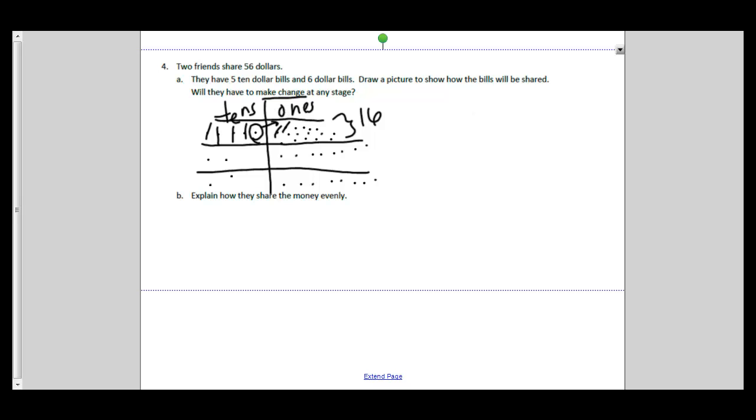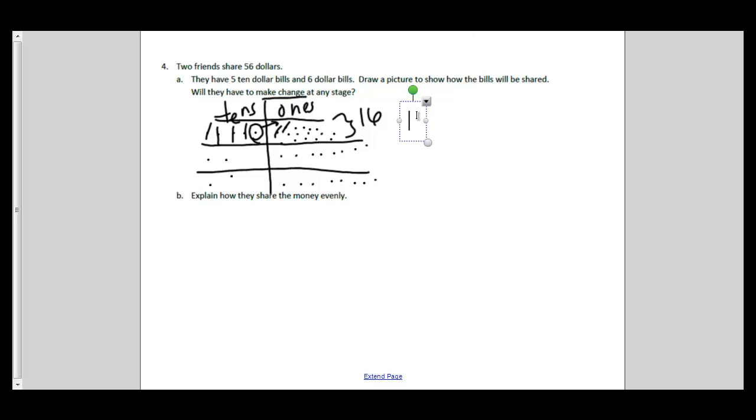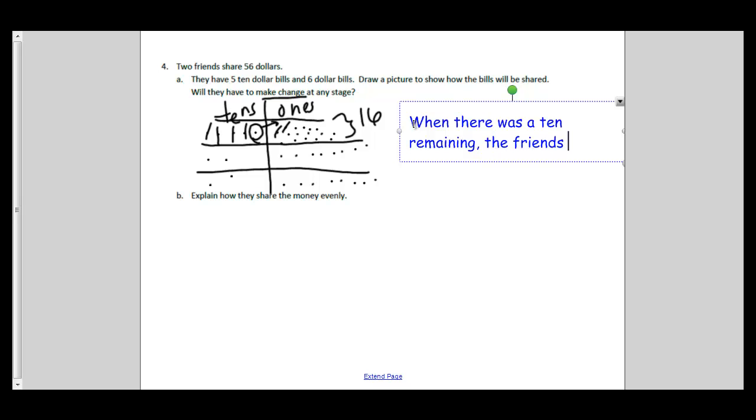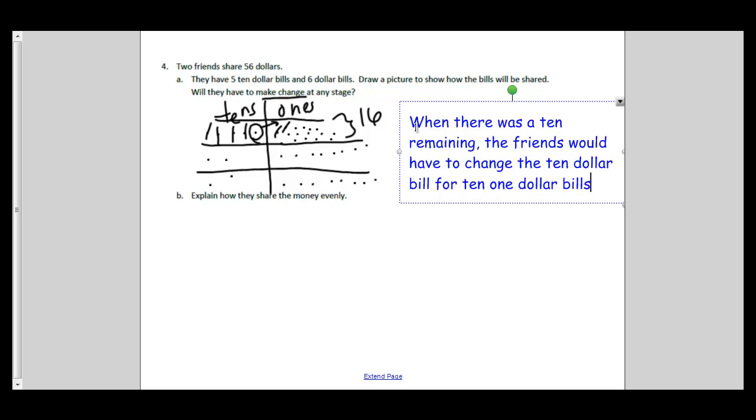And we did have to make change at one stage. So I'm going to come over here and I'm going to say, when there was a 10 remaining, a friend would have to change the $10 bill for 10 $1 bills. Okay, that would be the only way that you could share them evenly.